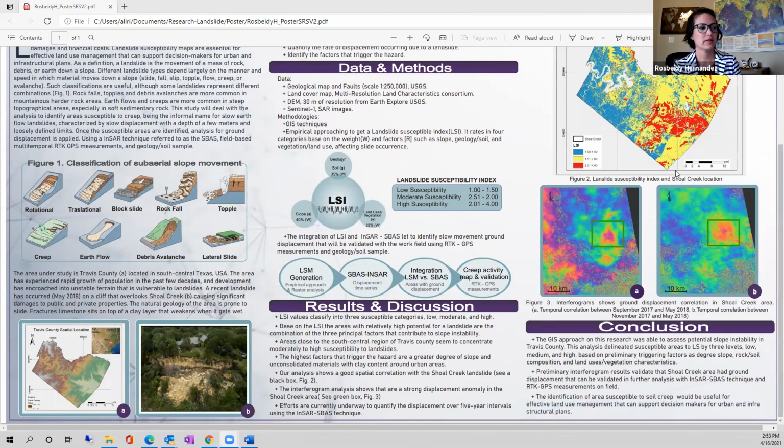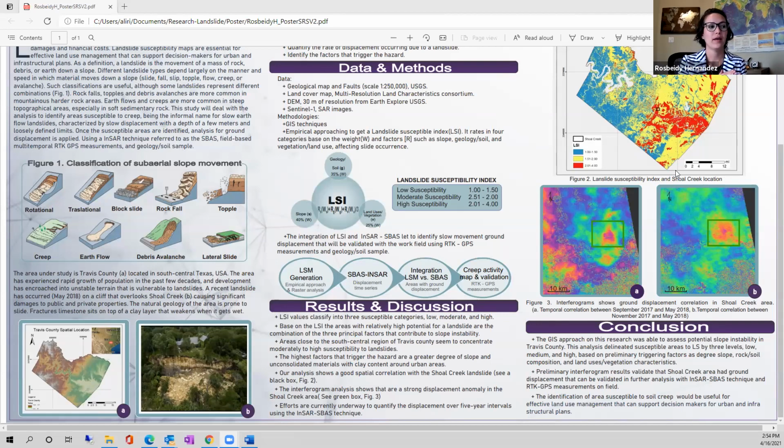Yes, because the creep landslide can be predictable with this technique. So we are using data from 5 years from satellite data, sorry.